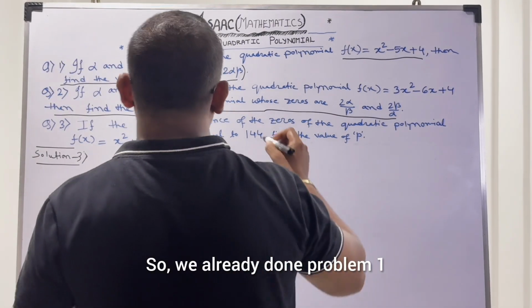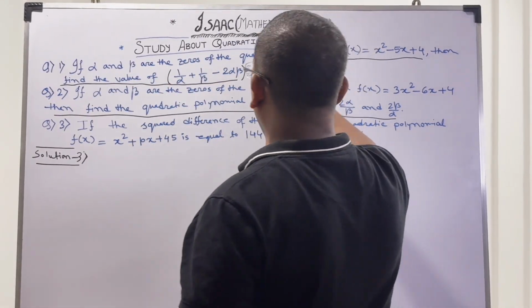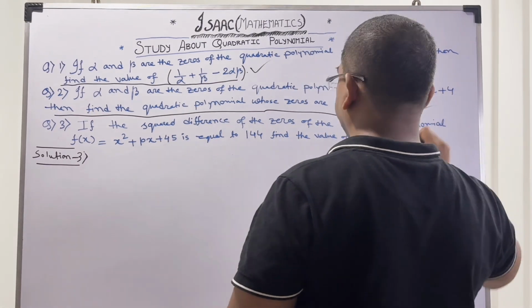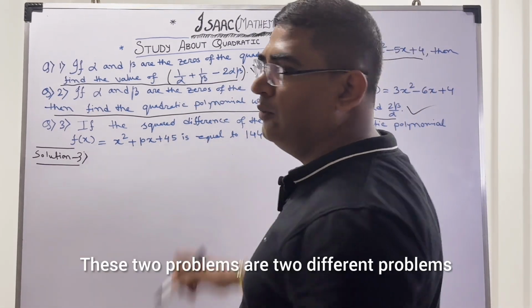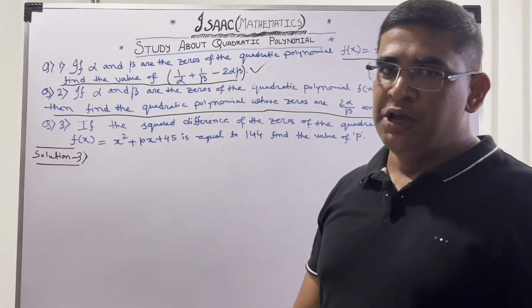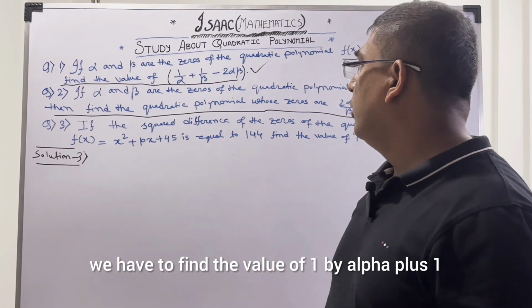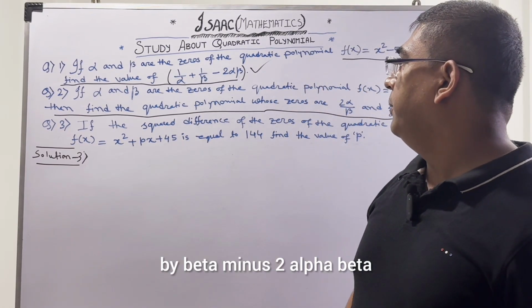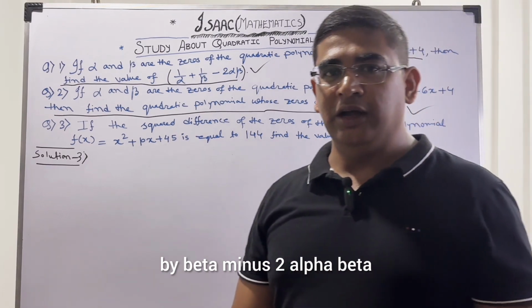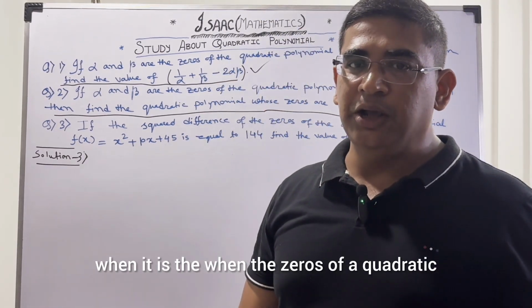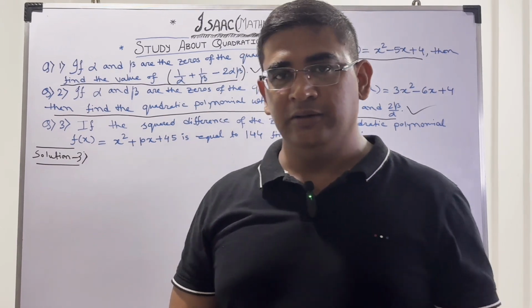So we have already done problem 1 and problem 2. These two problems are two different problems. In the first problem, we have to find the value of 1 by alpha plus 1 by beta minus 2 alpha beta when the zeros of a quadratic polynomial are alpha and beta.